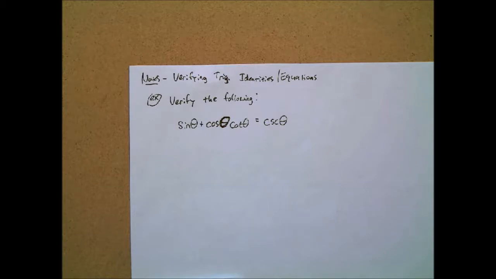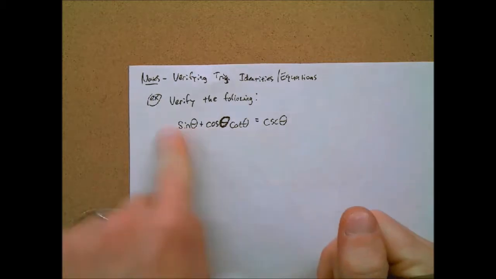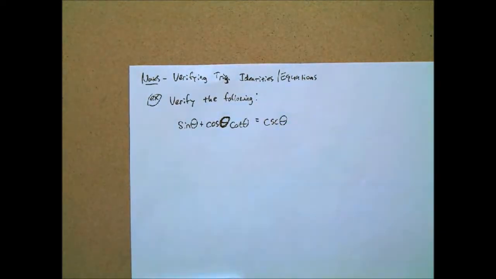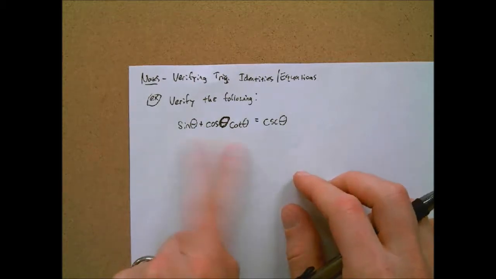I also recommend that you only work on one side at a time. If you work both sides, you can sometimes make them go further away from one another. The way these problems are set up, it's the left side that you want to manipulate to look like the right side.